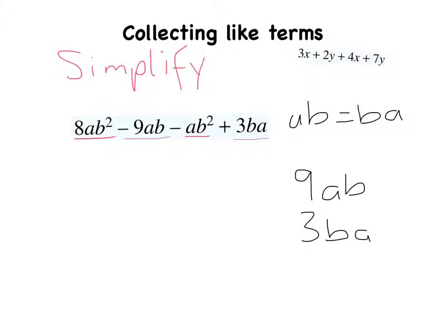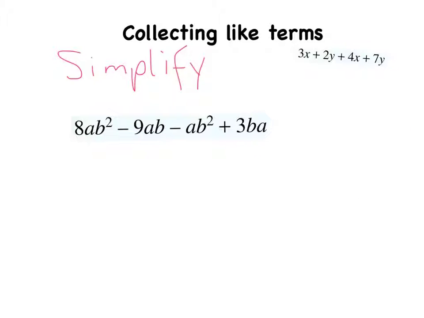They are the same thing. Commonly, however, you will find that they are written in alphabetical order. So it'll be written ab. But ab and ba, it's like saying a multiplied by b is the same as b multiplied by a. Okay? It's pretty straightforward. So, what have we got?